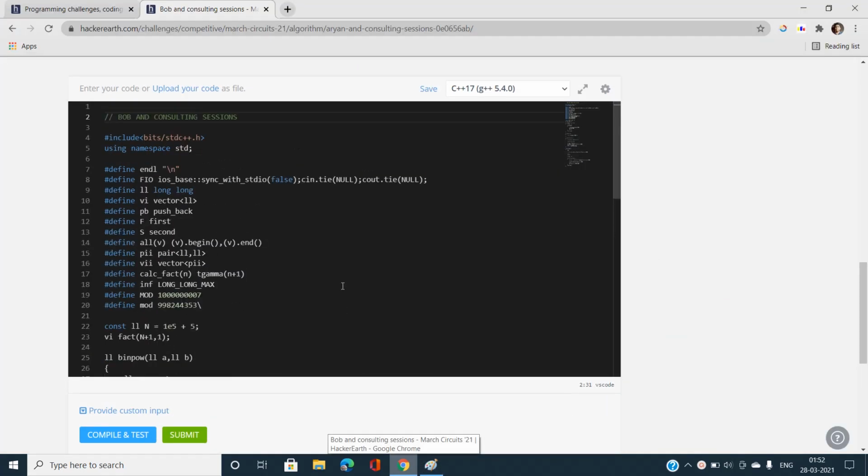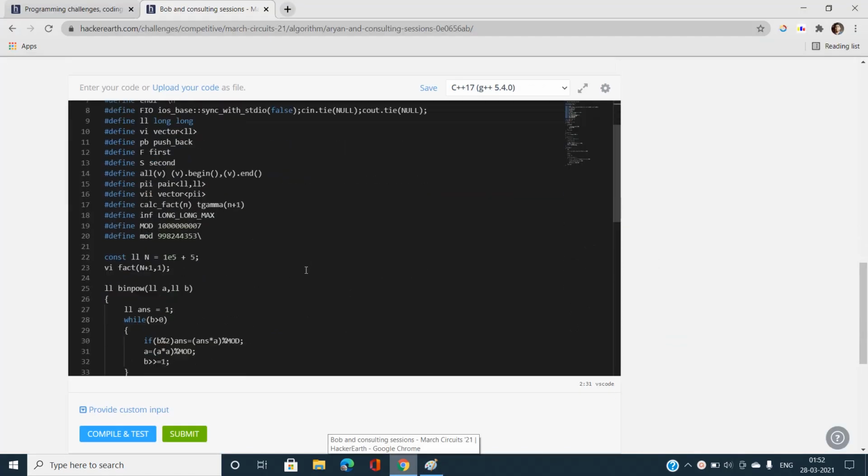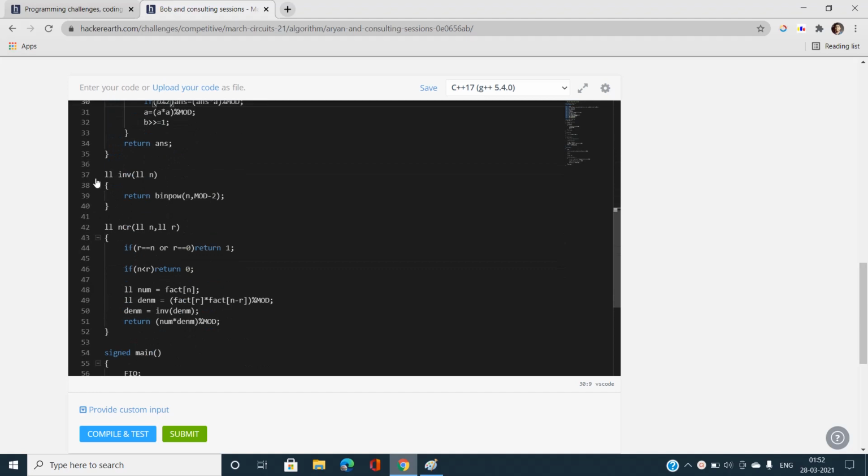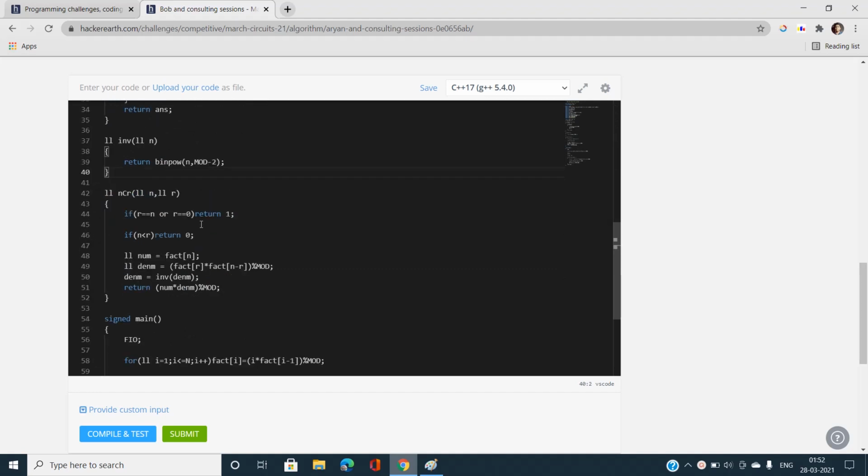Here you have a binary power function. If you are unaware of this, again, check the description section of the video. Here I have an inverse function to calculate the inverse of a number modulus a prime number. Here I have an nCr function. You can see if r is n or r is 0, return 1.